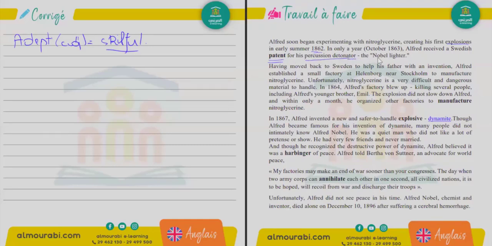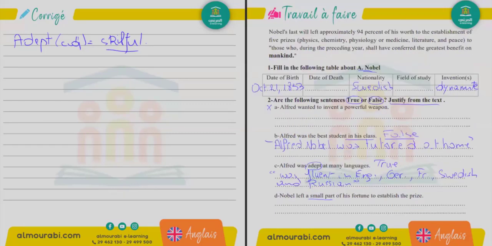A patent means a new invention. That's the Nobel lighter. So he didn't only invent the dynamite, but also the Nobel lighter.